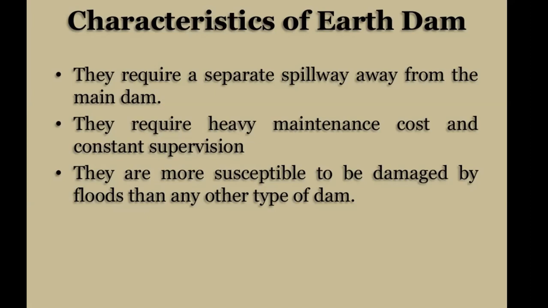You'll see in coming slides. We have to study spillway in this very unit, but till now, just understand what a spillway is. A spillway is basically a structure that discharges excess water from the dam.